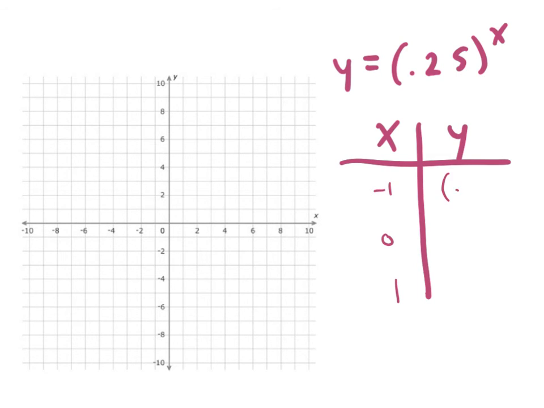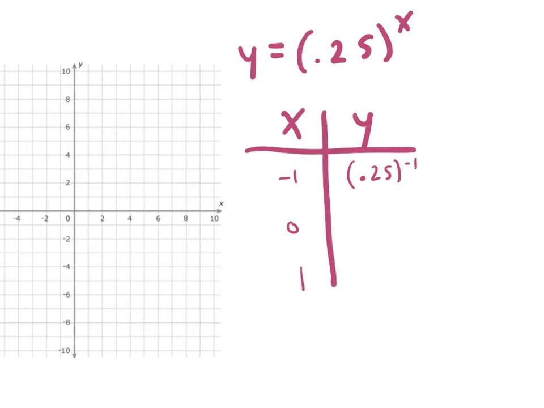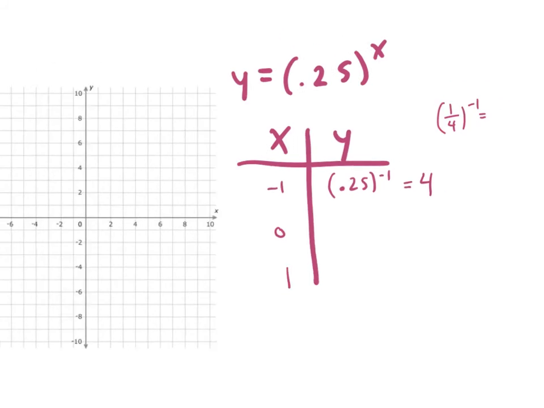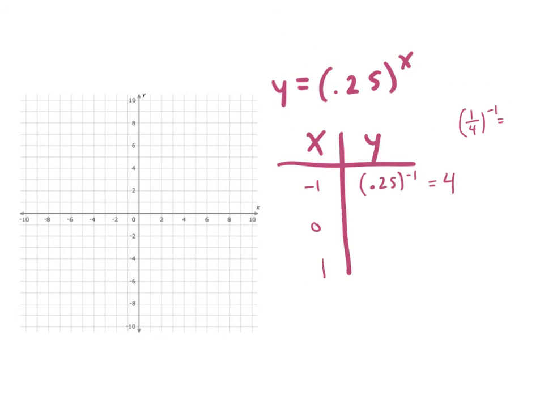So when we plug in -1, we have 0.25 to the power of -1. What is 0.25 as a fraction? 1/4. So this would be 1/4 to the power of -1, which would be 4. So we go to the left -1 and up 4.